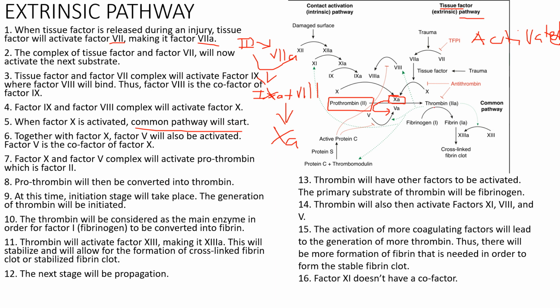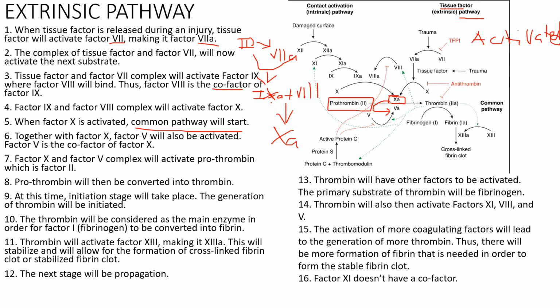So again, let's have a recap. For the extrinsic pathway, it starts with your tissue factor. Tissue factor will activate factor 7, and the complex of factor 3 and activated factor 7 will cause factor 9 to be activated. Factor 9 that is activated will now be attached by factor 8, which is its cofactor.